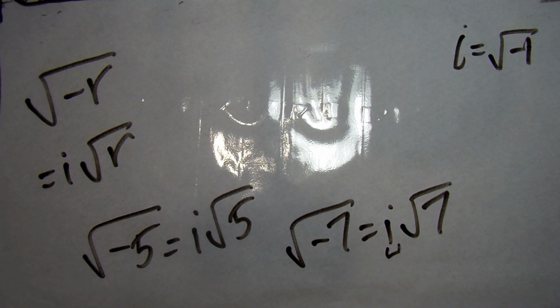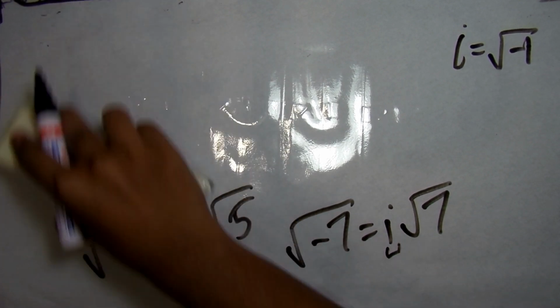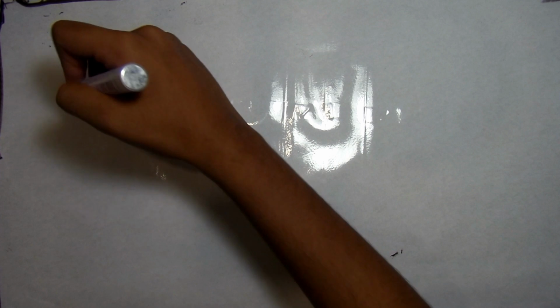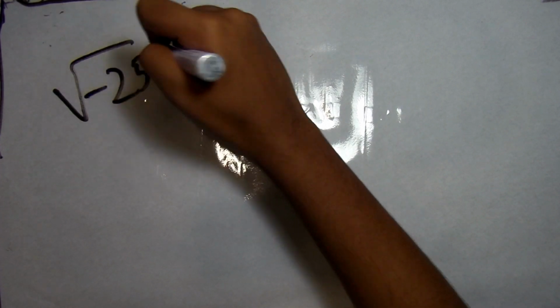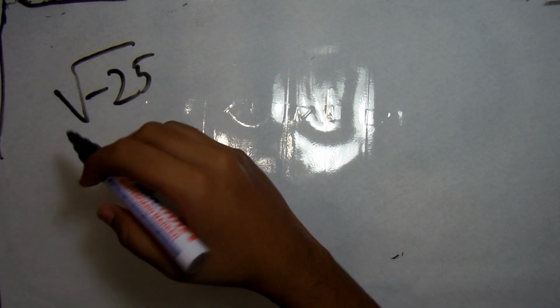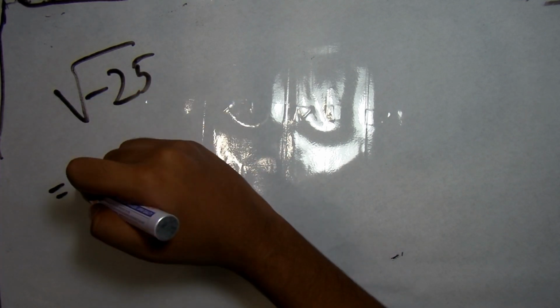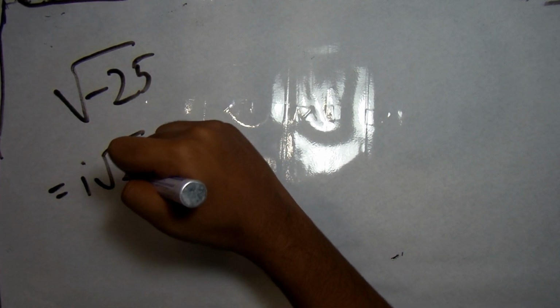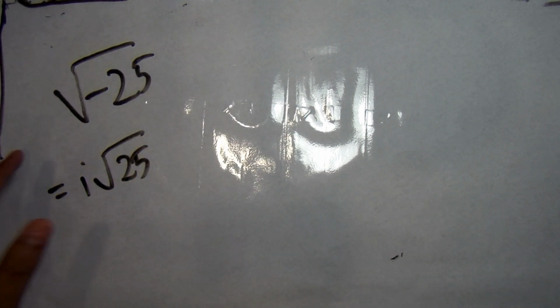Now that we understand the principle of negative square roots, let's try a question. The square root of negative 25. First step, convert this to a complex expression: equals i root 25. We bring the negative outside and we replace it with i. So i root 25.